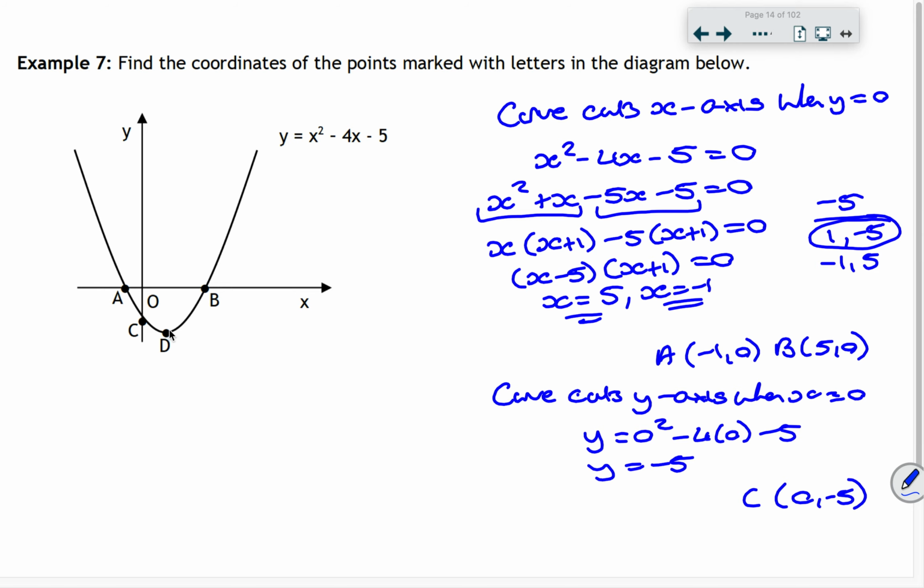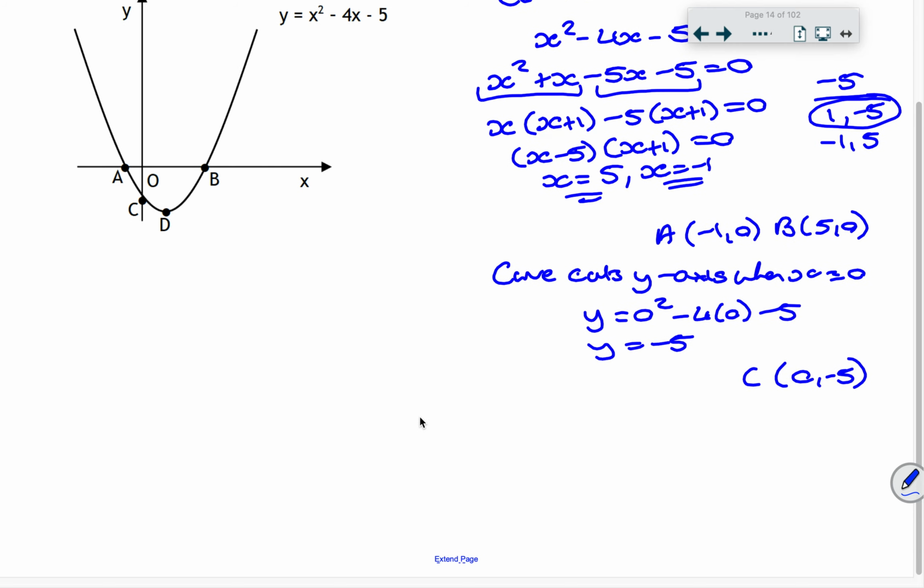Finally, D is the turning point. And remember, the turning point always happens halfway between the two roots. So halfway between minus 1 and 5 is going to be 2. So I can say turning point when x is equal to 2. So put that into the original equation.